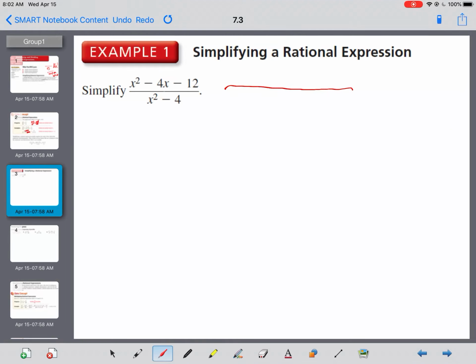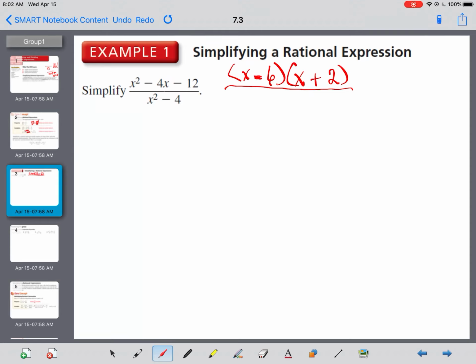So here's an example: x squared minus 4x minus 12 over x squared minus 4. I'll draw my big line here. For x squared minus 4x minus 12, each one gets an x. Factors of 12 that subtract to 4. Well, 6 times 2 is 12, and 6 minus 2 is 4.